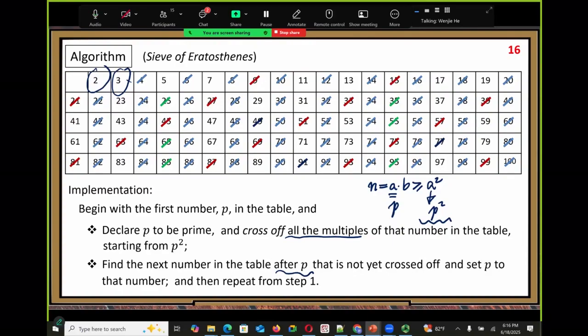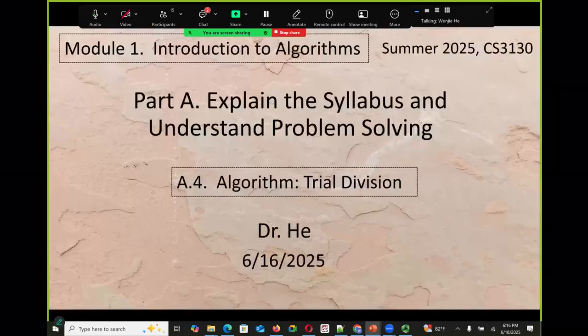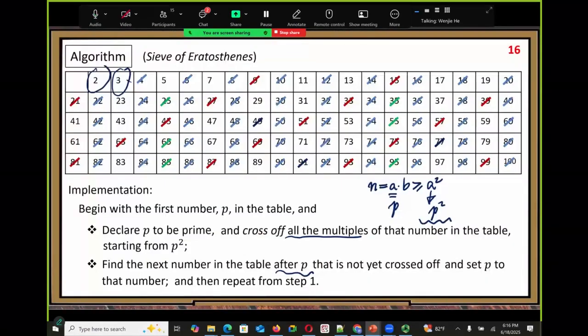Keep doing the sieve like this until p is no longer in the range, because we specify the range. When you select p, you do it in this range.